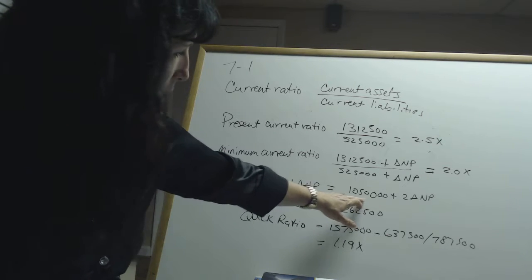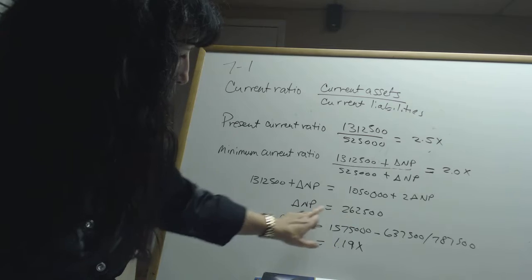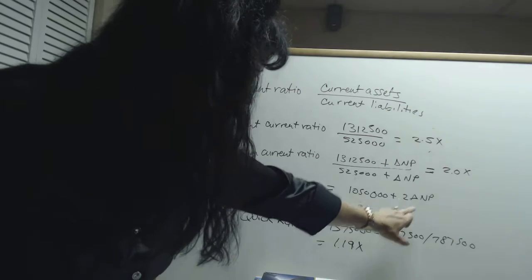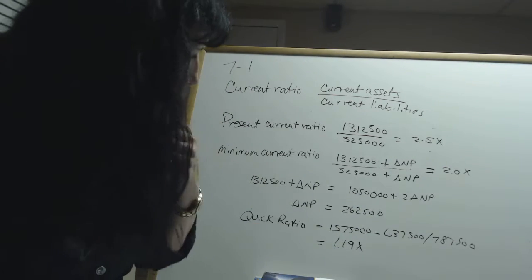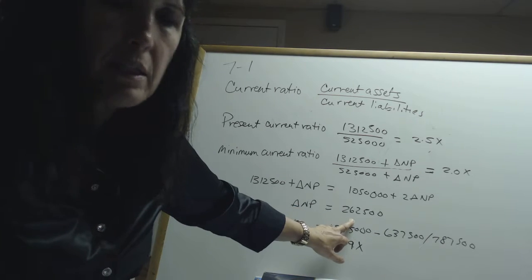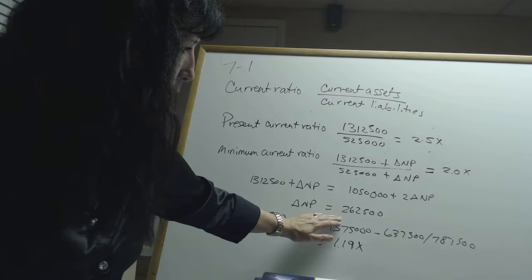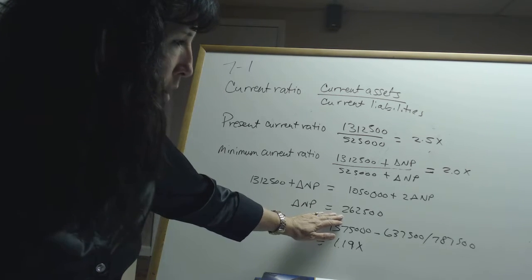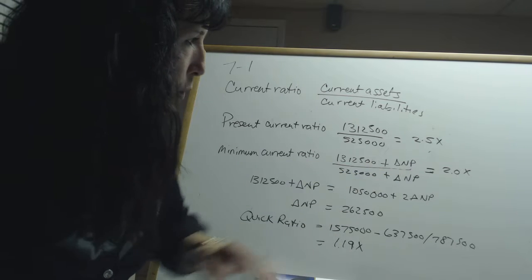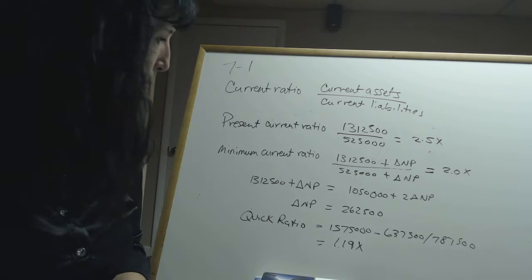So we would take the 1,050,000, subtract it from both sides to get 262,500. Take one of the change in NPs and subtract it from the 2 change in NPs. So we end up with the change in NP is equal to $262,500. So that's the total amount that they can borrow without lowering their current ratio below 2.0 times.